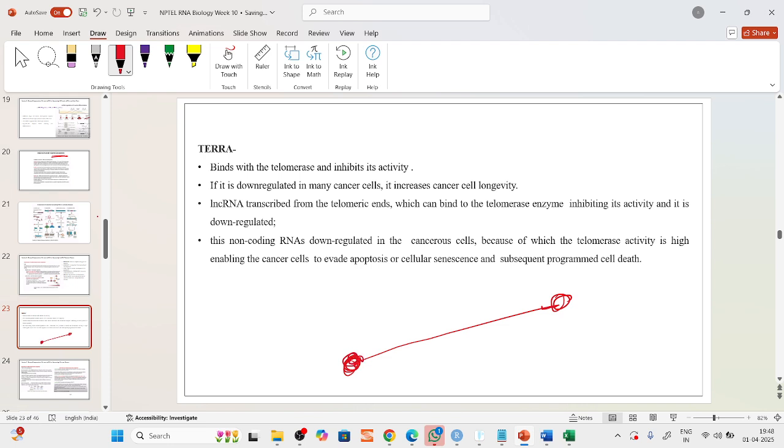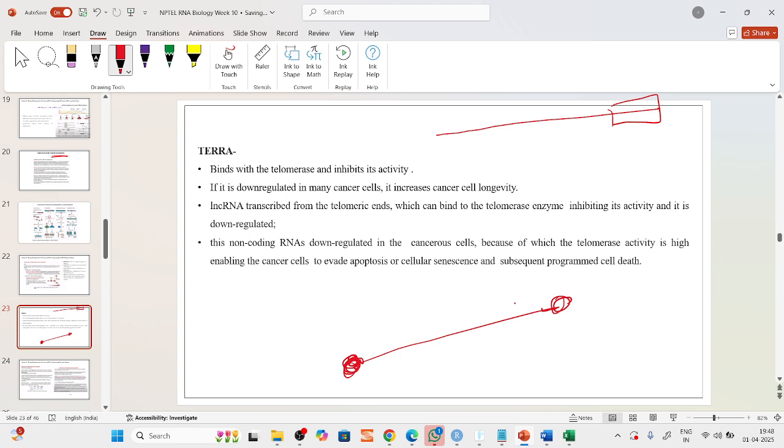With each round of replication, the telomeres start getting shortened. So after one division it will become this much, then second division, this much. Third division, this much. Fourth division, this much. Fifth division, completely gone. After the fifth division, this cell cannot go on and will die, because eventually the telomeres get shortened down.